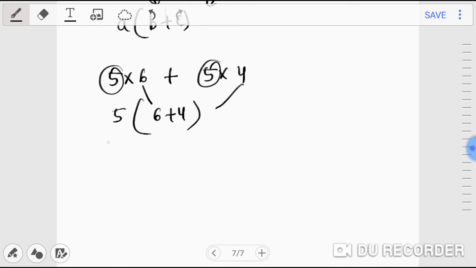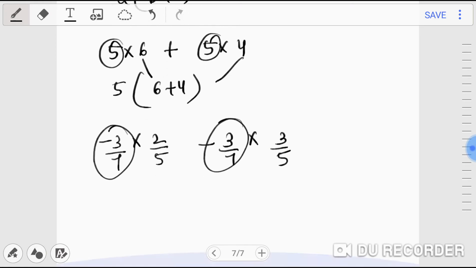Similarly, if I have minus 3 upon 7 into 2 upon 5, and again I have minus 3 upon 7 into 3 upon 5. Now if you can notice, minus 3 upon 7 is common in both.